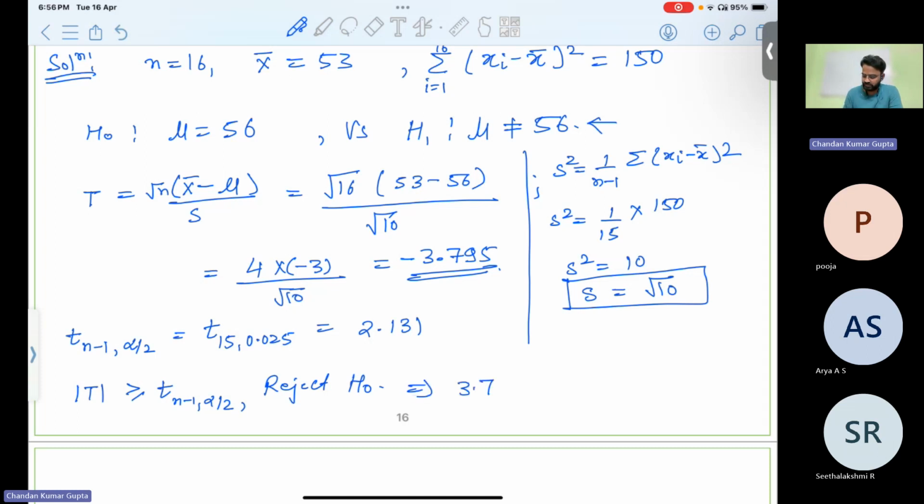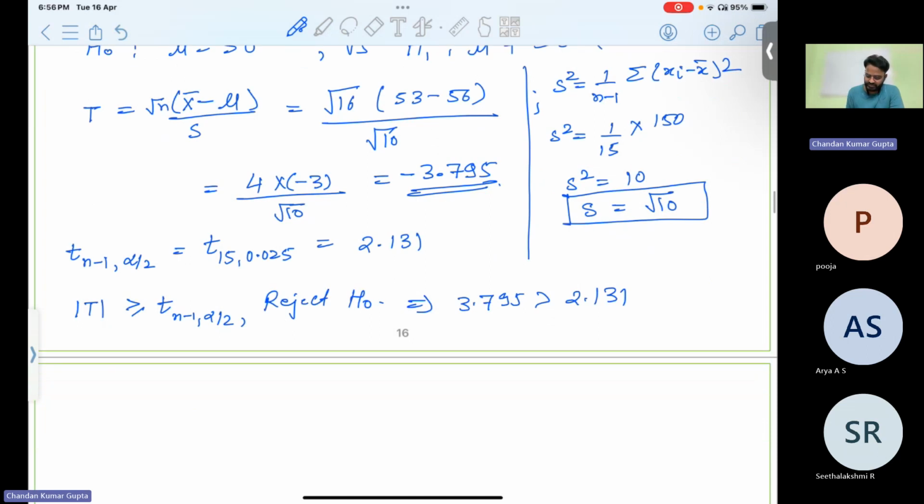That is, 3.795 is greater than the tabulated value. So this means we reject H naught.